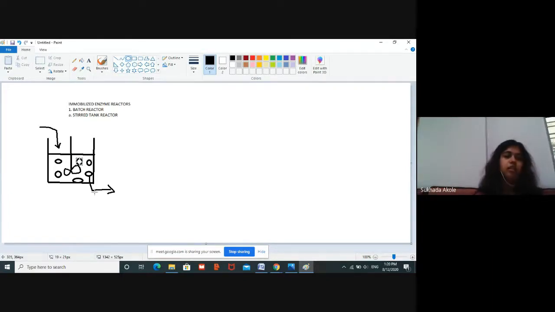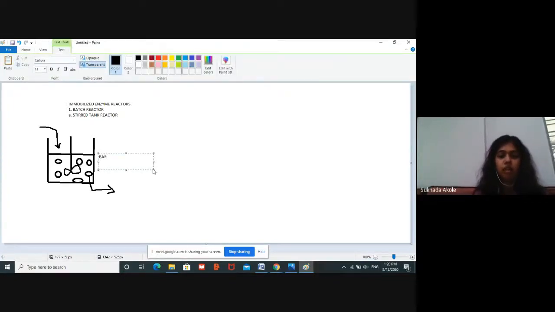There are certain modifications of this as well. Those are called basket reactors. So basket reactors are also a kind of stirred tank reactor. What is the difference?